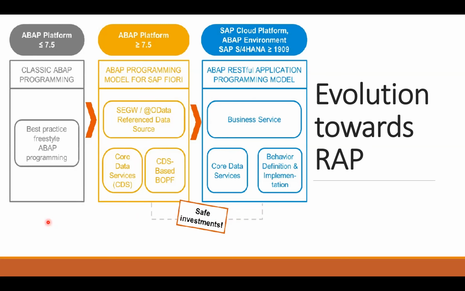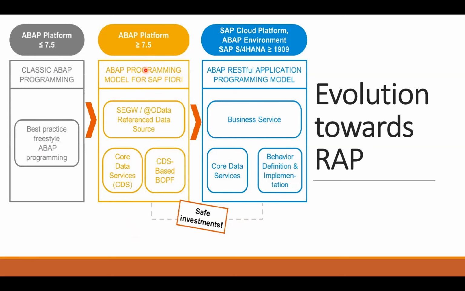The customer may, for some reasons, be running behind the new technology and still be on versions less than 7.5, where SEGW is still supported and the Gateway where OData building is enabled. But going forward, these two programming models are going to be important.